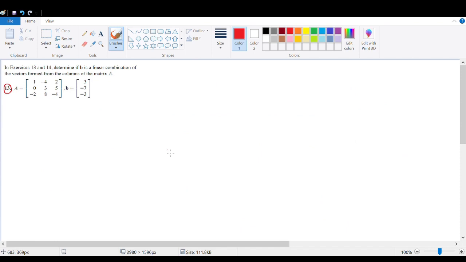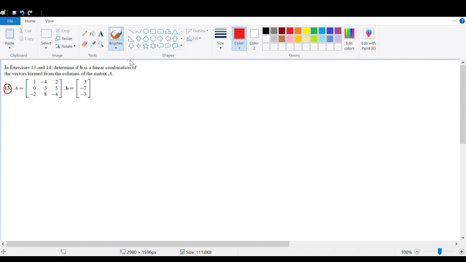In exercises 13 and 14, determine if b is a linear combination of the vectors formed from the columns of the matrix A. So again, here we are asking about whether b is a linear combination. That means similarly, if we are asked if the system is consistent or inconsistent.